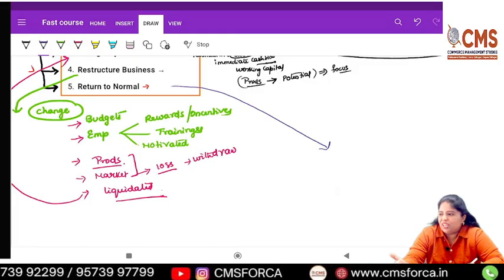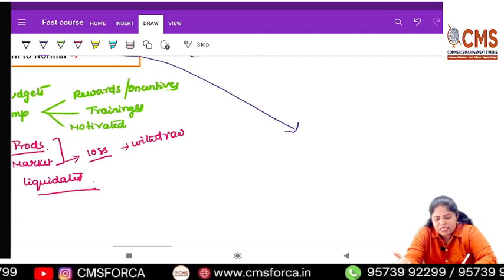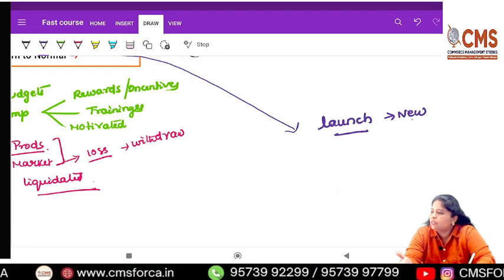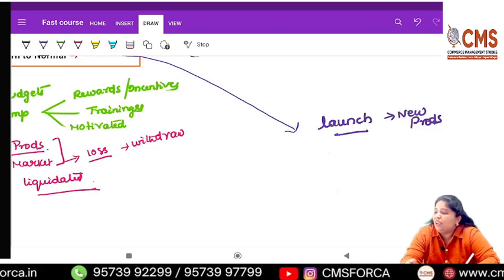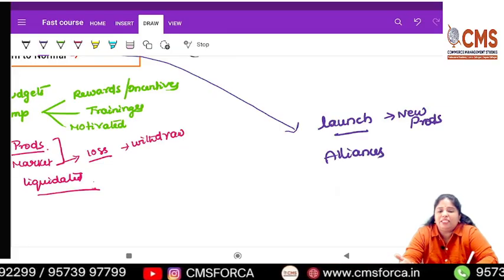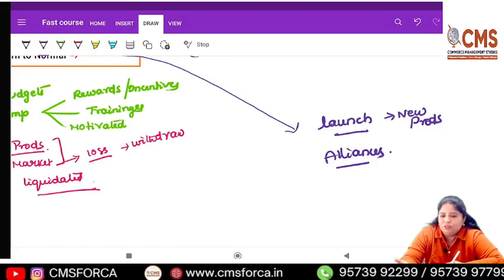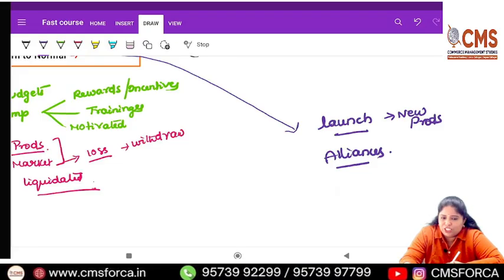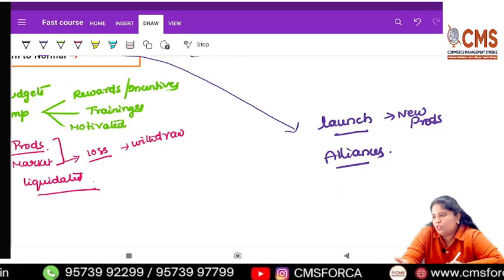As part of that, they can start launching, slowly and gradually, new products in the market, and they can start improving efficiency in their operations. They can start forming good strategic alliances. They can think of vertical integration. So like this, they can think of a lot of actions to take up so that they slowly get back to their normal course of operations.